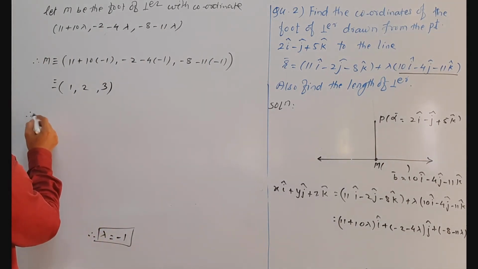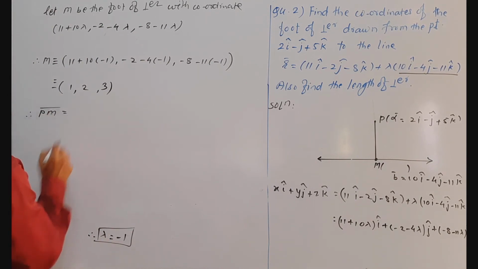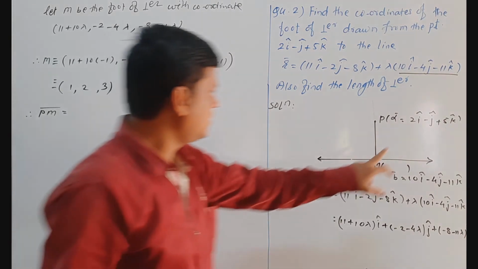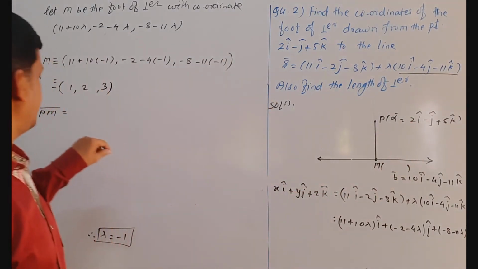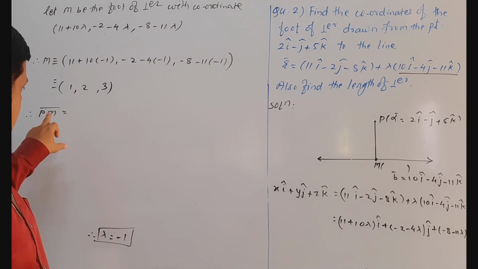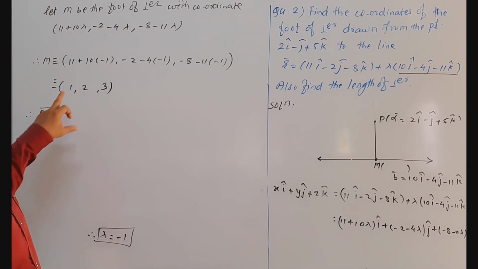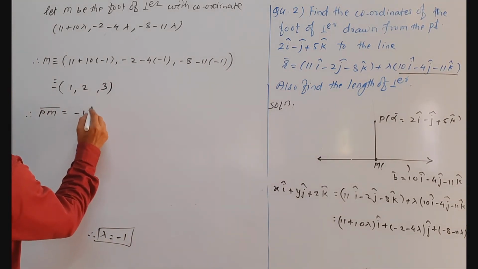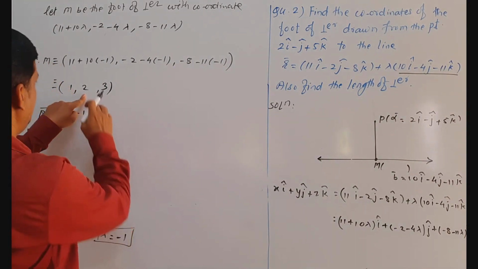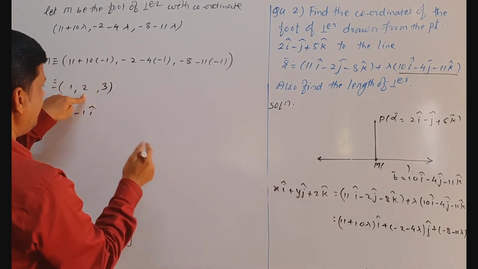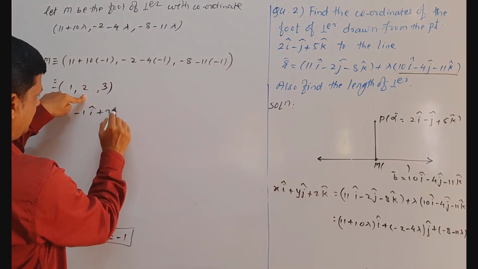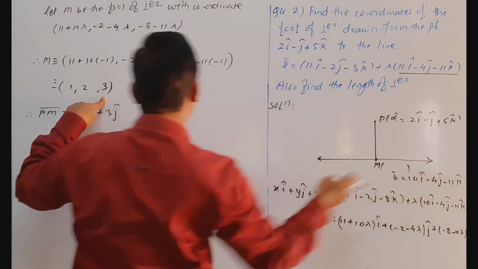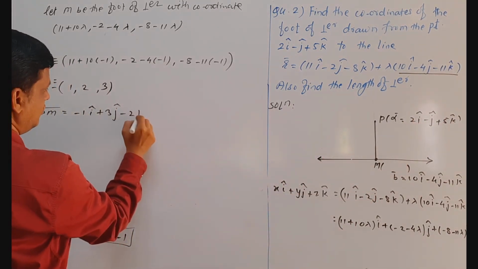We write vector PM as the position vector of M minus the position vector of P. So 1 minus 2, which is minus 1, so we get minus i. Then 2 minus minus 1 gives plus, so 2 plus 1, that is 3j. Then 3 minus 5, so we get minus 2k.